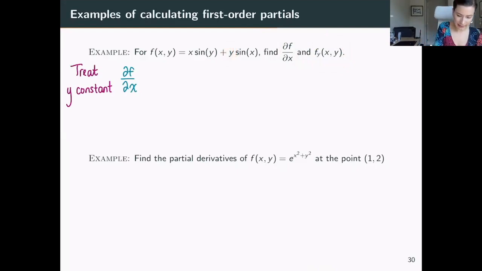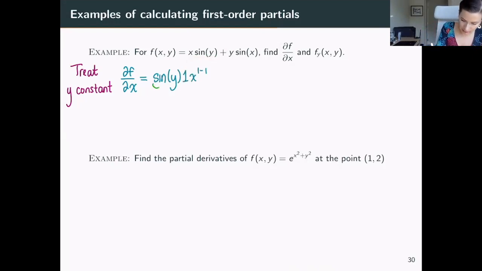I end up getting that df by dx, here I have a number times x, so the derivative is just a number. The derivative will be sine of y, and then maybe it'll be helpful to say like 1 times x to the 1 minus 1 using our power rule.